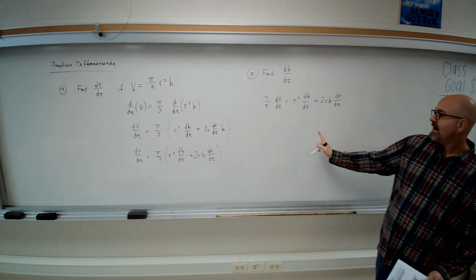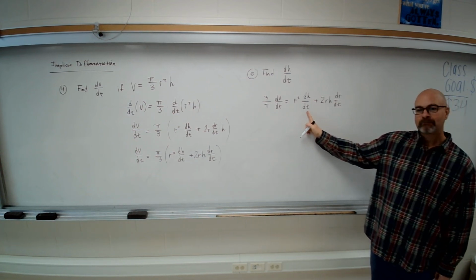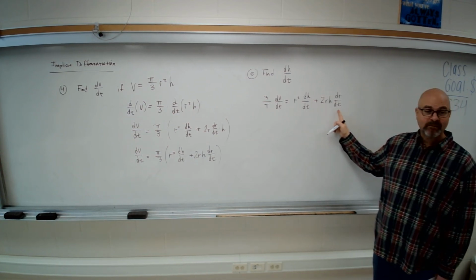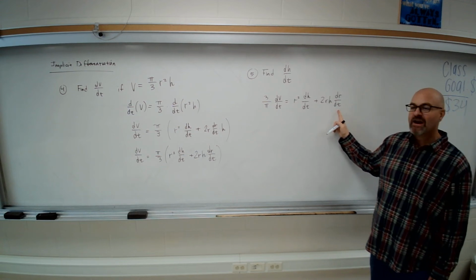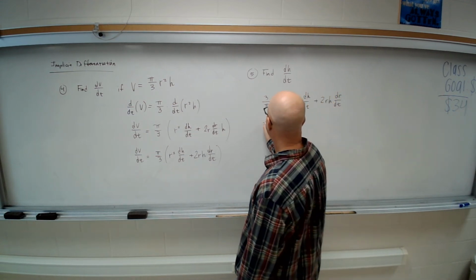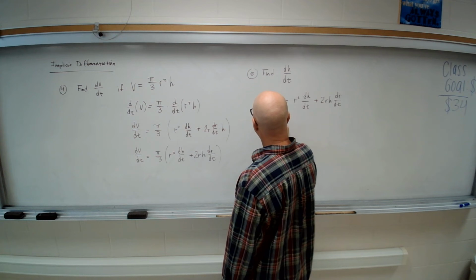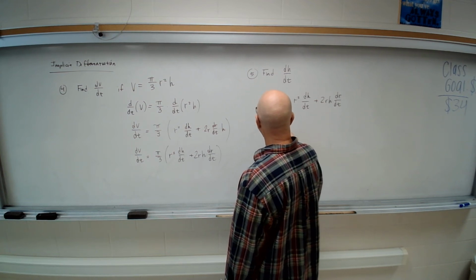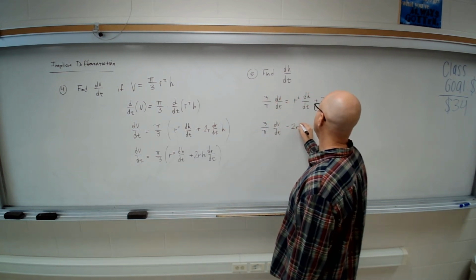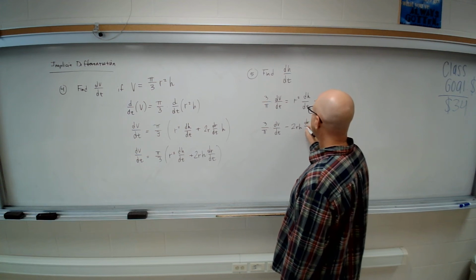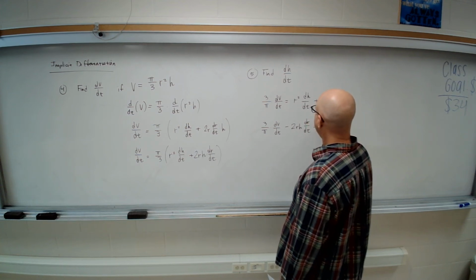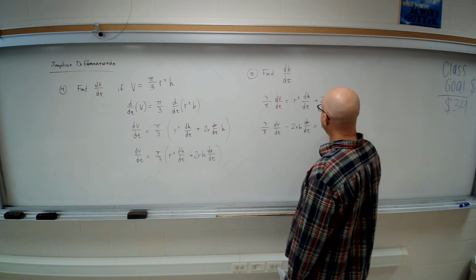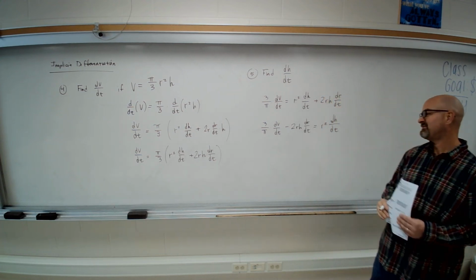Now, I need to isolate this piece, correct? This is an additional term. The easiest way to get rid of that is just to subtract it. So 3 over pi times dV dt minus 2rh dr dt equals r squared dh dt.